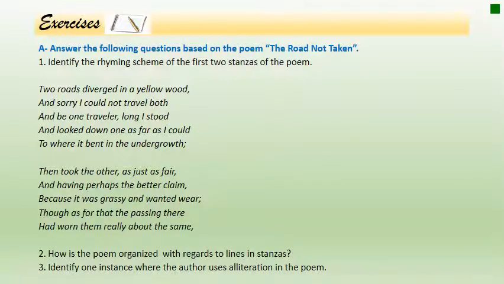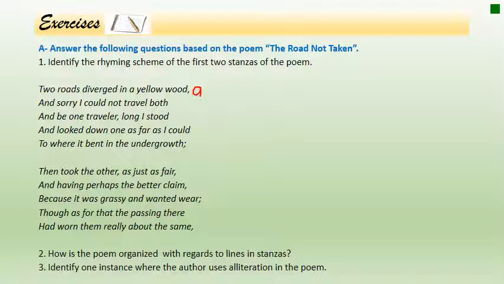So let's start with these exercises. Answer the following questions based on the poem The Road Not Taken. Identify the rhyming scheme of the first two stanzas of the poem. Let's begin. Two roads diverged in a yellow wood. Again, yellow wood is yellow forest.